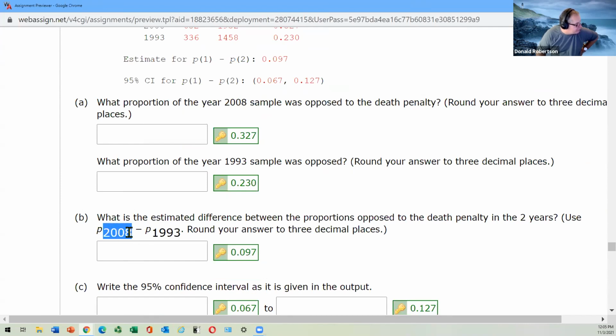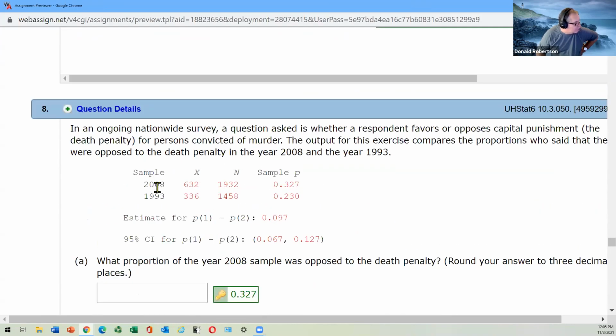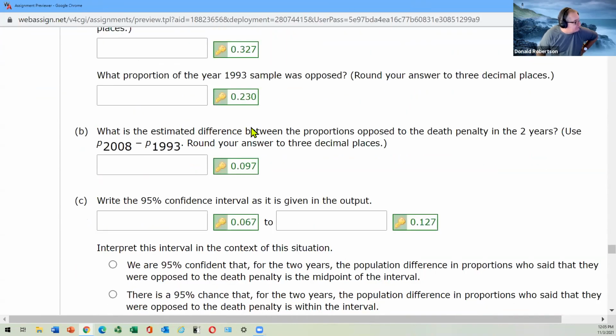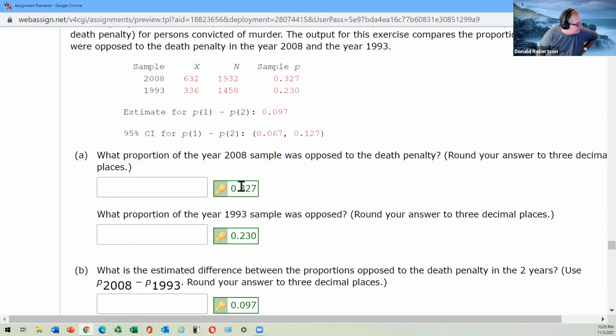In this case, they're calling them 2008 and 1993, but it's still 1 and 2, right? So if you took this decimal, and then you subtracted the other proportion, which is this decimal, can you see where that answer came from?